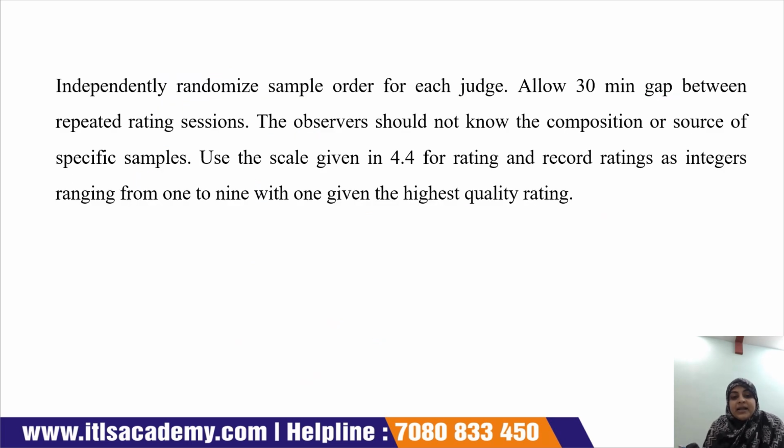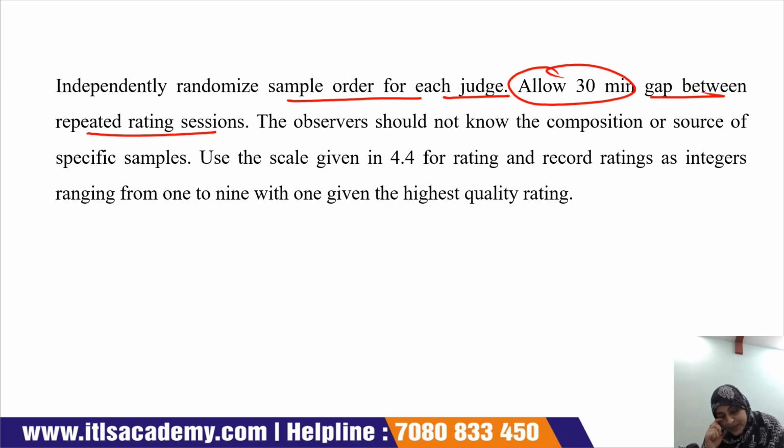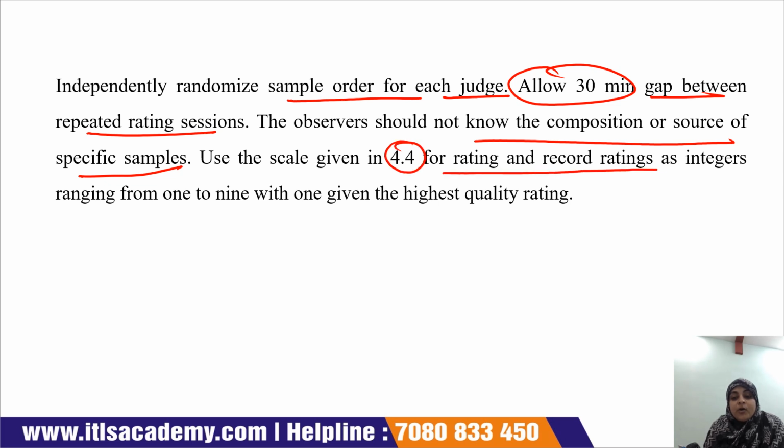Independently randomize the sample order for each judge. Allow a 30-minute gap between repeated rating sessions. Observers should not know the composition or the sources of the specific samples. Now use the scale given in 4.4 for rating, recording ratings ranging from 1 to 9, with 1 given to the highest quality rating.